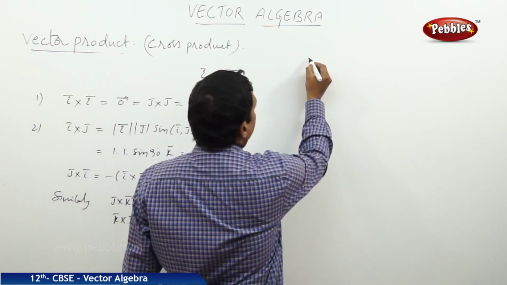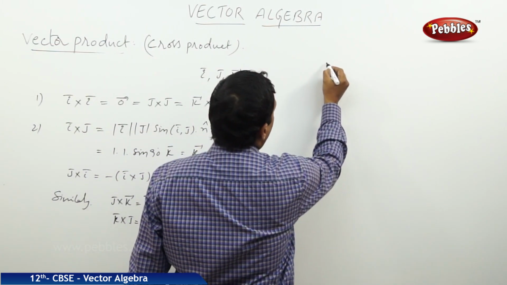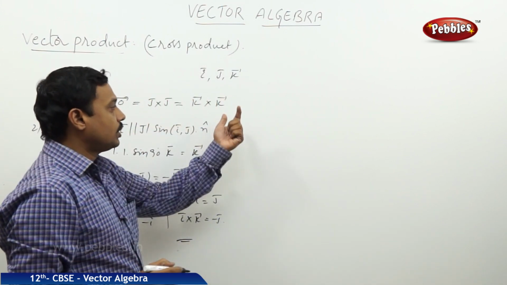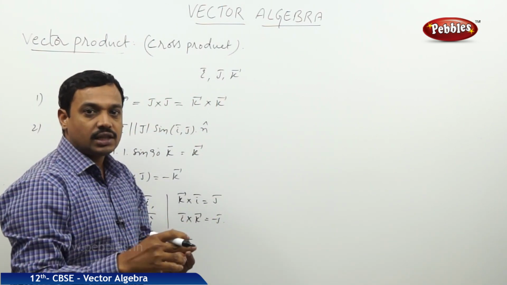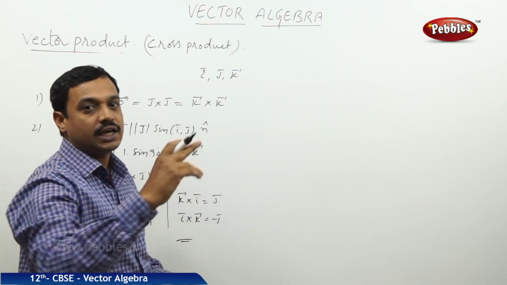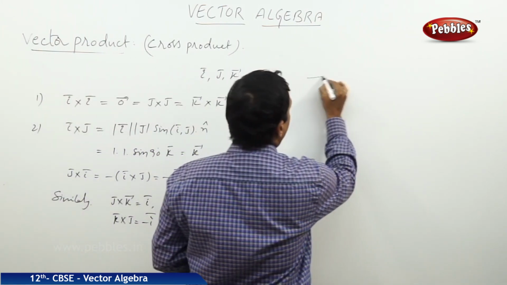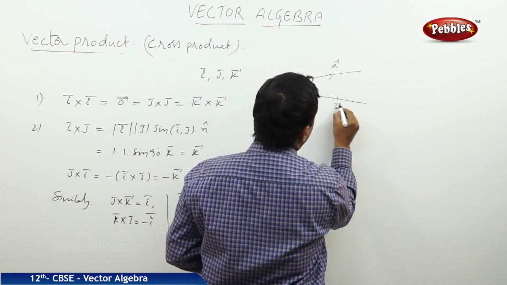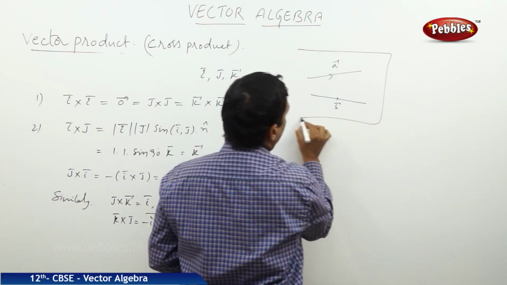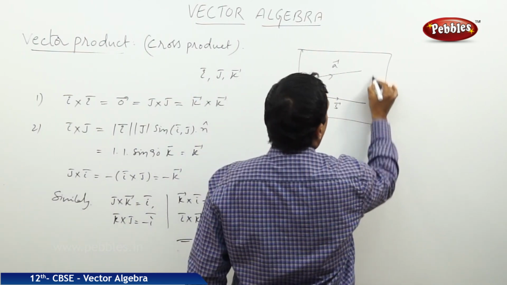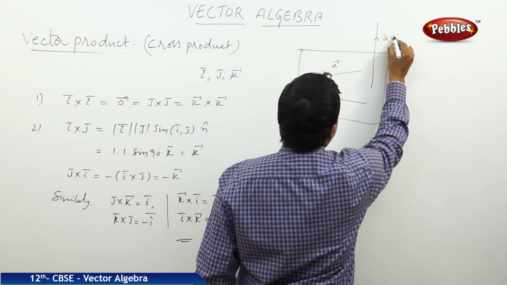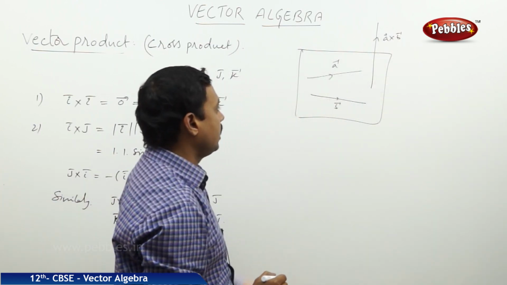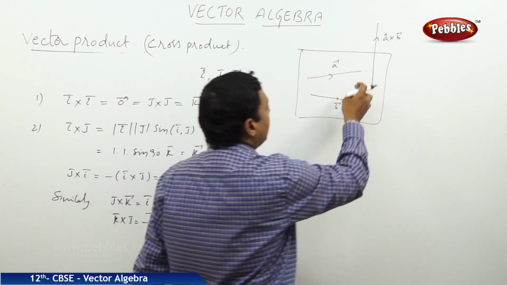We know that for a bar and b bar, a cross b is the vector that is perpendicular to the plane containing a and b. A bar is one vector and b bar is another vector. Now it is a plane. A cross b is perpendicular to the plane containing a and b.